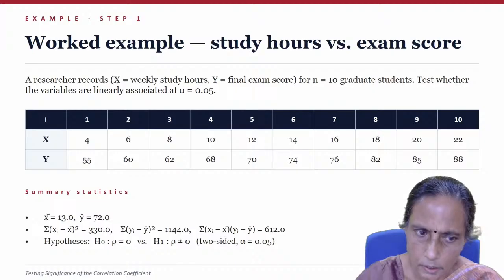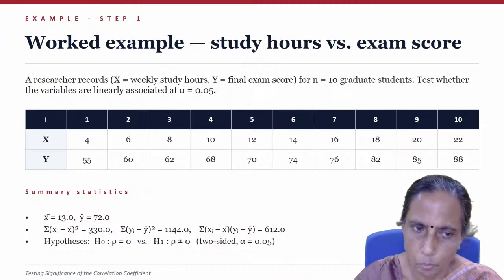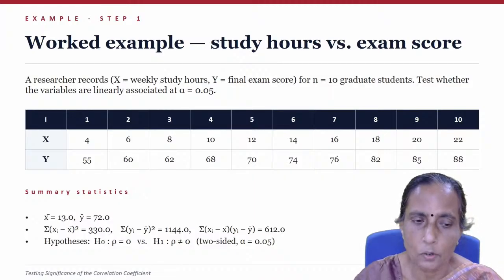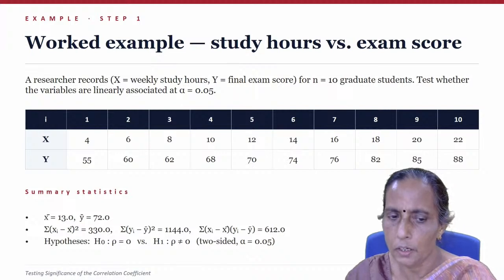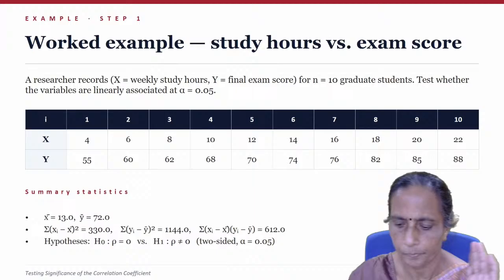This is step 1. We have calculated summary statistics: the mean, the squares of the deviations for both the series, and the cross product.